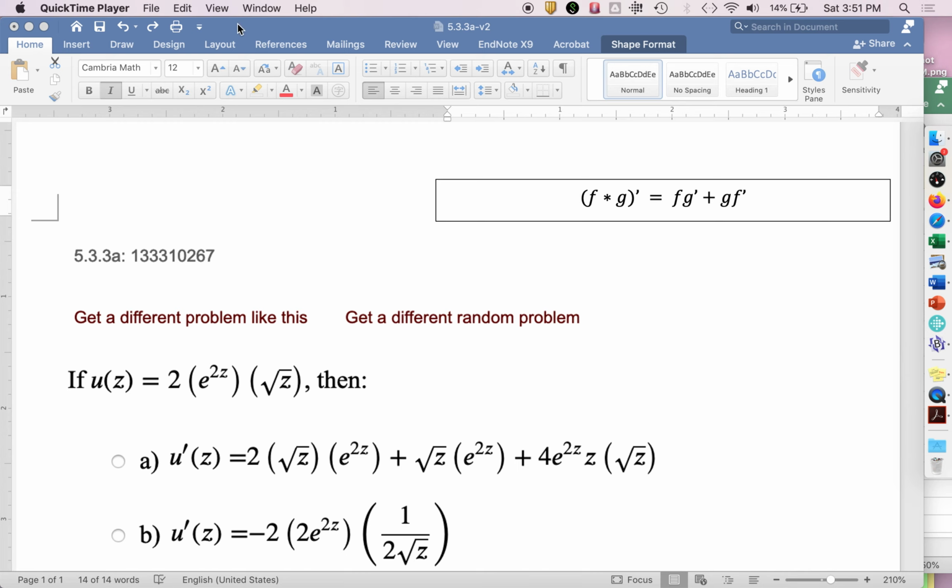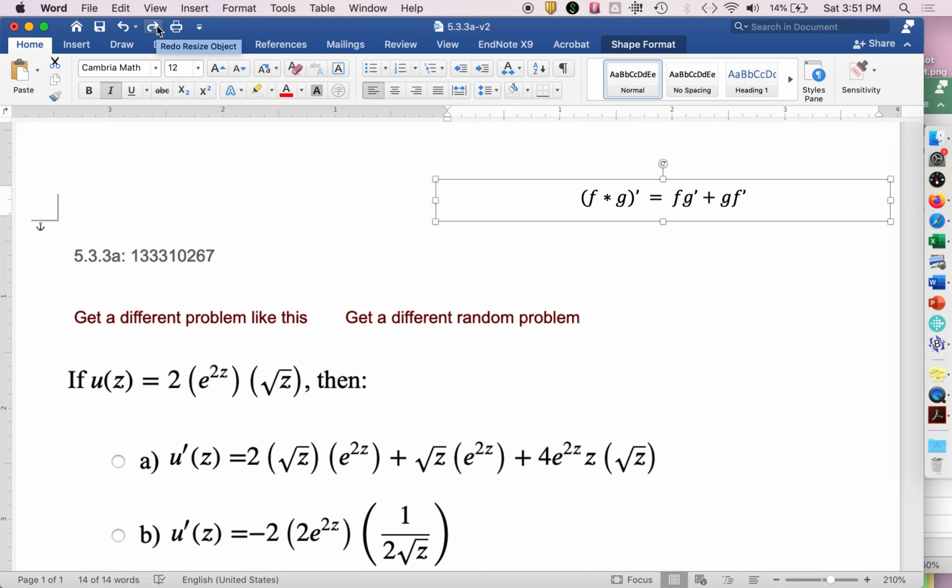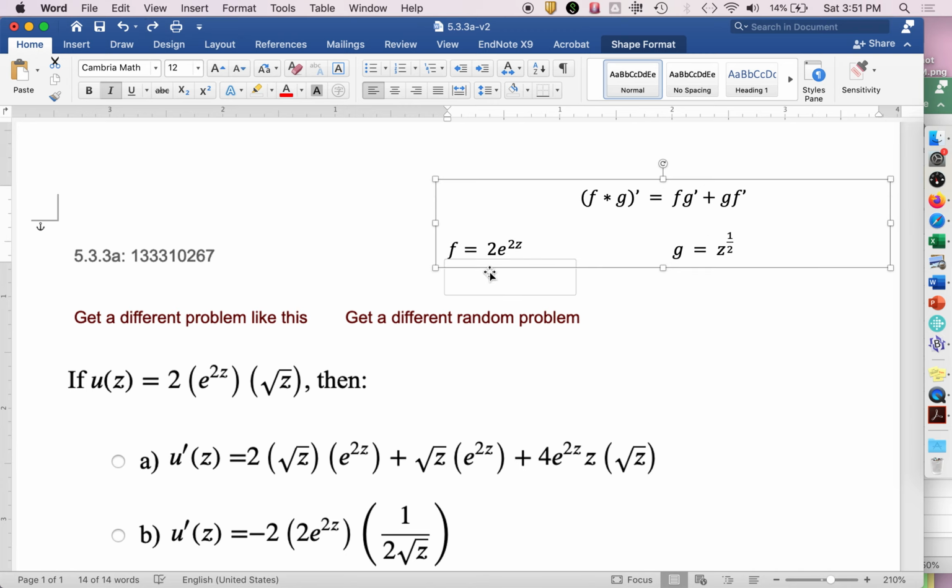Okay, so when I go to take that derivative, I'm going to call the left the 2e to the 2z, and the right I'm going to write as z to the 1/2, so that I have it looking like something I could use a power rule on. The derivative of 2e to the 2z uses a little bit of a chain rule, right?